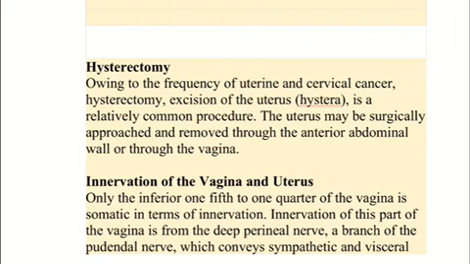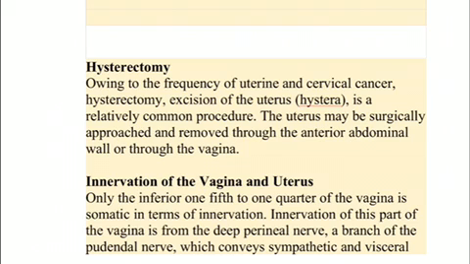Now, innervation of the vagina and uterus. What about that? Only the inferior 1/5 to 1/4 of the vagina is somatic in terms of innervation. Innervation of the inferior 1/5 to 1/4 of the vagina is from the deep perineal nerve, a branch of the pudendal nerve.